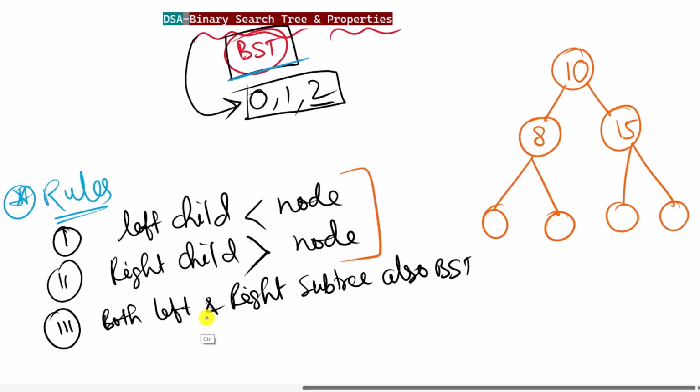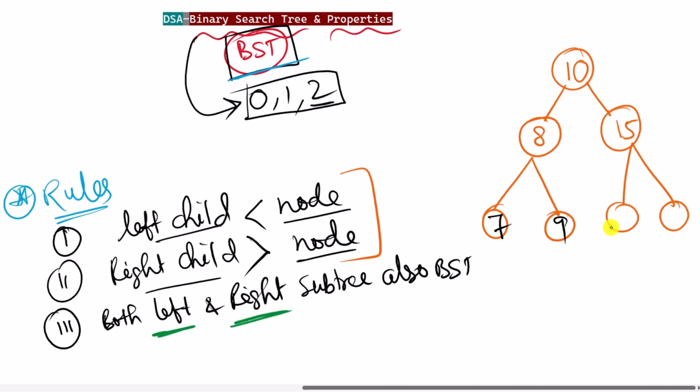So here the left child should have a value lesser than the node, so we can have the value 7, and the right child should have a value greater than the node, so here we can have the value 9, which is greater than the node 8. So this is for the left subtree. The same rule is also applicable for the right subtree.